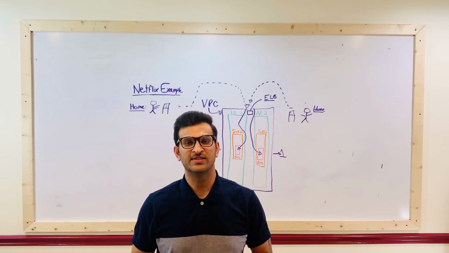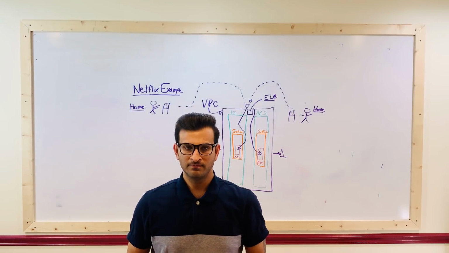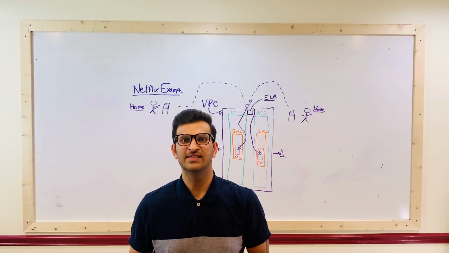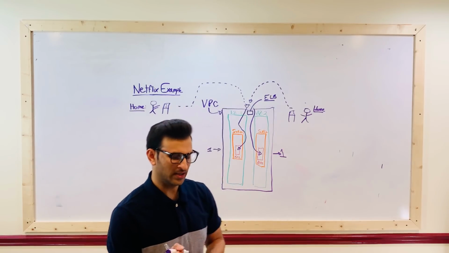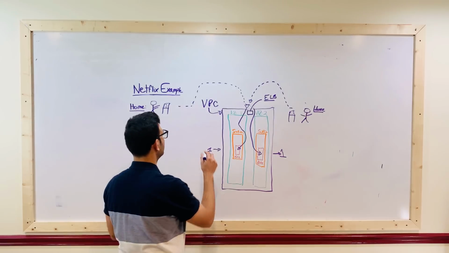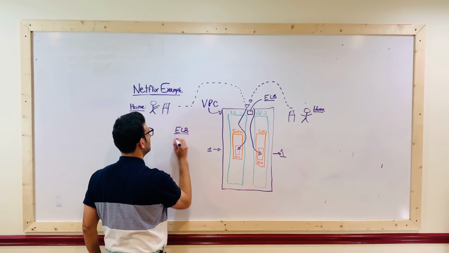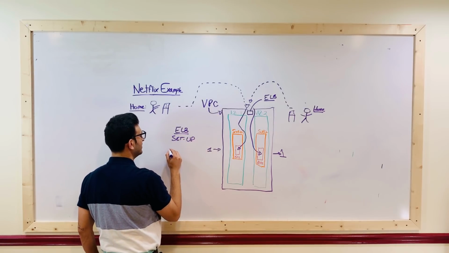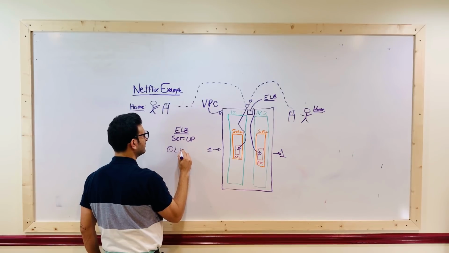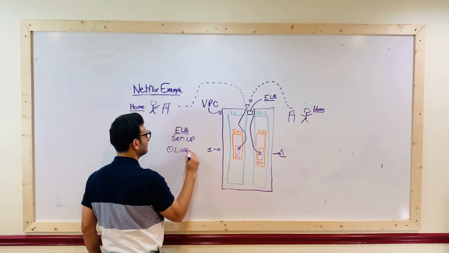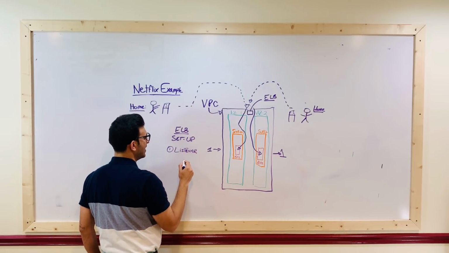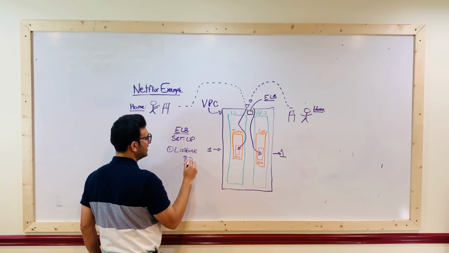All right, so one thing you'll see when you log onto the AWS console, when you go to set up your elastic load balancer, is a thing called a listener, right? On your elastic load balancer. For example, it may say 80.